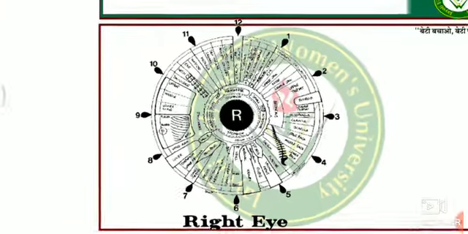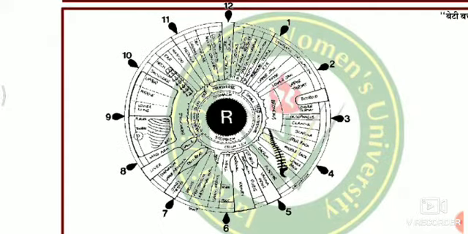For example, between 2 to 3 o'clock there is the thyroid gland and below that there is the bronchus. So any changes in this area will indicate a disease in this area.